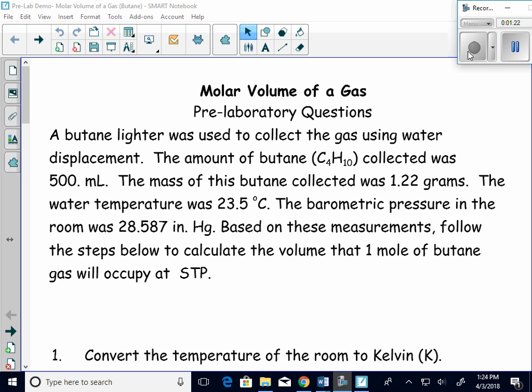Now, at the bottom of that background information, it talks about Dalton's law of partial pressure. The total pressure is equal to the addition of each one of the parts, whether there's 1 part, 2 parts, 3, 4, 5 parts. It could go on and on.